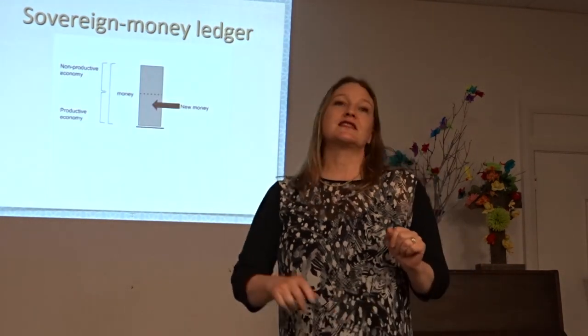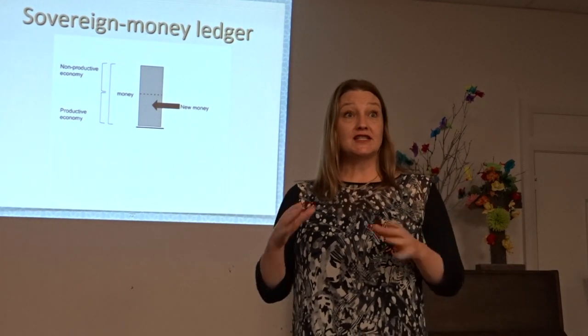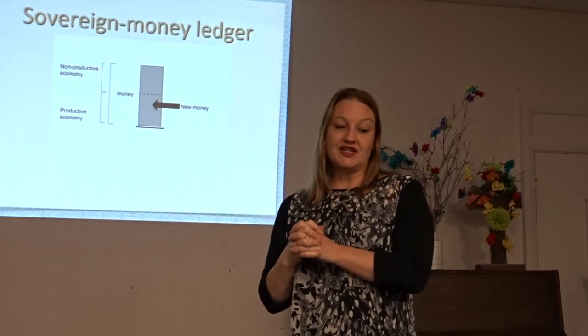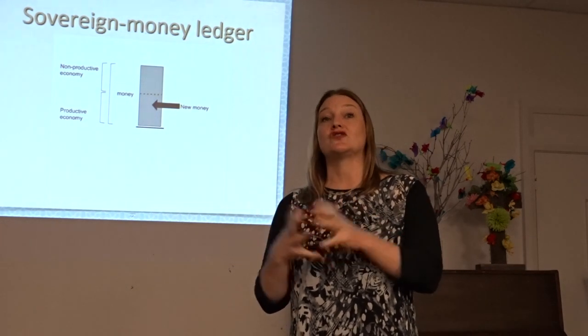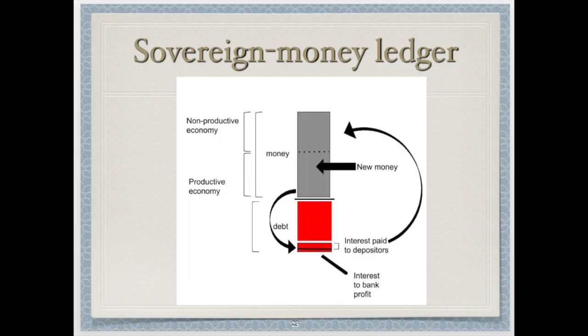So what does the sovereign money ledger look like? Okay, well, first we have money. It's introduced by the government to our requirements. And notice that the productive part of the economy is much bigger when we introduce it straight into the real economy. And then what happens is some people want a mortgage, some people want to start a business, and they need a debt.